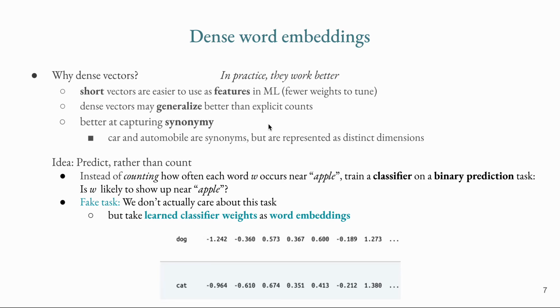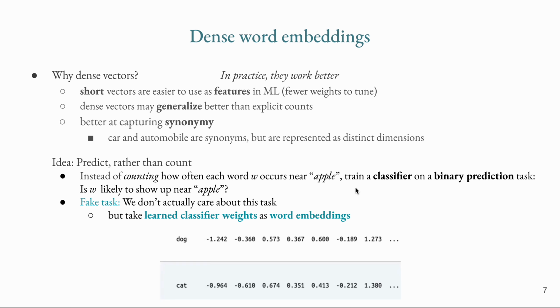So how do we do that? The idea here, brought to you by Word2Vec, is to predict rather than to count. Instead of counting how often each word appears near some word, we would train a classifier to predict how likely this word is to appear near another word.